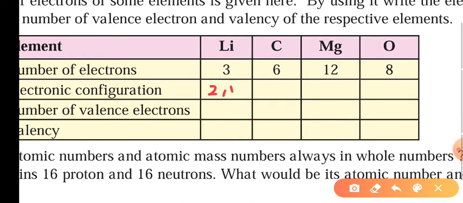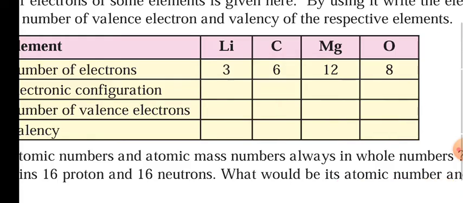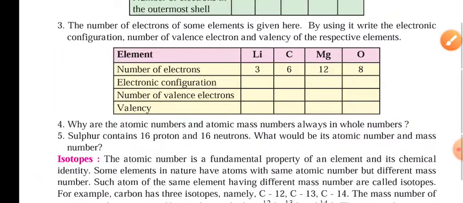For this it will be 2 comma 1, 2 comma 4, 2, 8, 2, here 2 comma 6. So number of valence electrons, here 1, here 4, here 2, here 6, and the valencies will be 1. For carbon it is 4, magnesium 2 and oxygen 2, because this is more than 4, so 8 minus 6, that will give us 2.